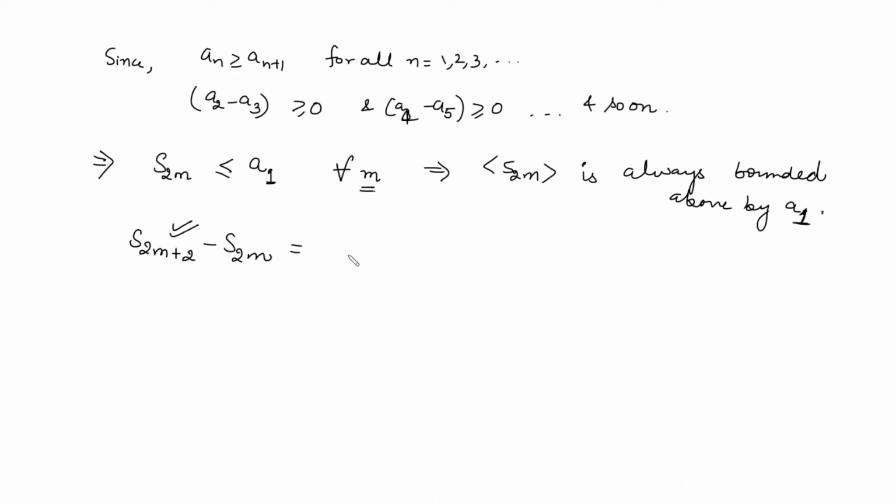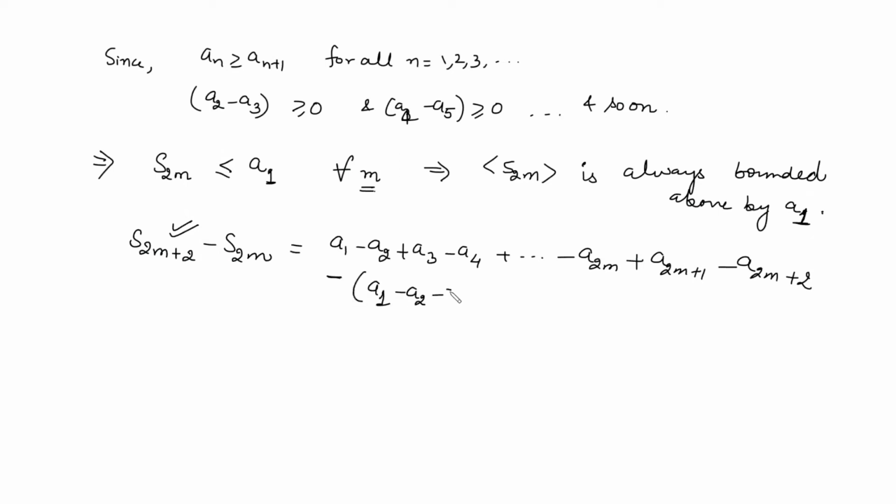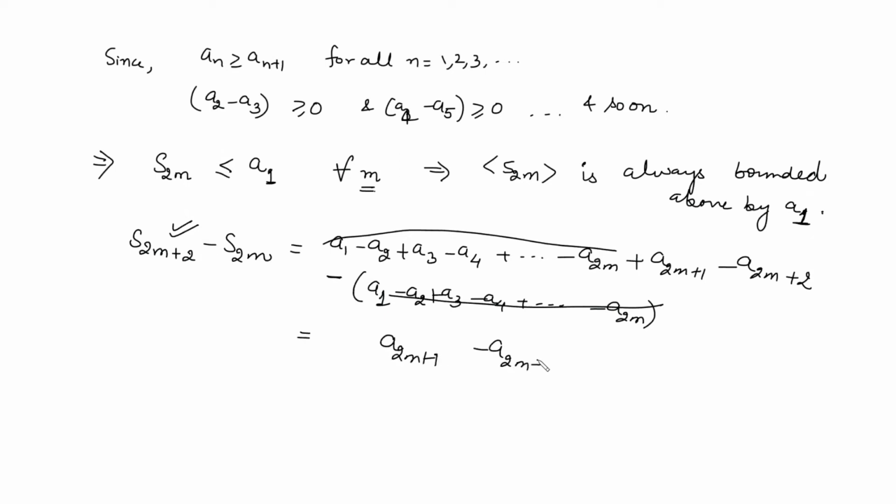Substituting the values: a1 minus a2 plus a3 minus a4 and so on, minus a2m plus a2m+1 minus a2m+2, minus a1 minus a2 plus a3 minus a4 and so on, minus a2m. When you subtract, these terms cancel out. You are left with a2m+1 minus a2m+2.